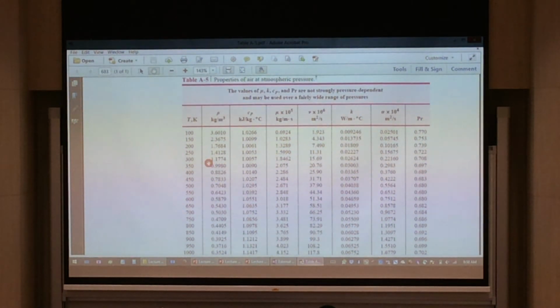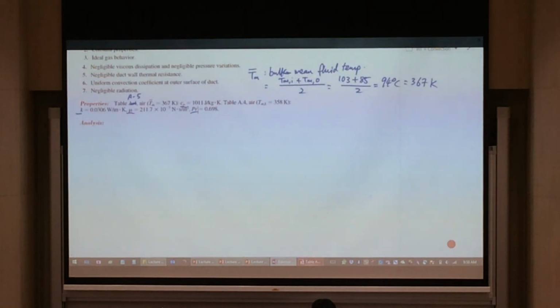Let's take just one example of how to go about doing interpolation. Take the example of thermal conductivity. We want 367. It resides in between these two values. So what I'm going to do is write down these two numbers and these two numbers, and then do one interpolation. Please use the same method of interpolation for the other properties. This is how it goes. Your temperature in Kelvin, I have that at 350 and 400.